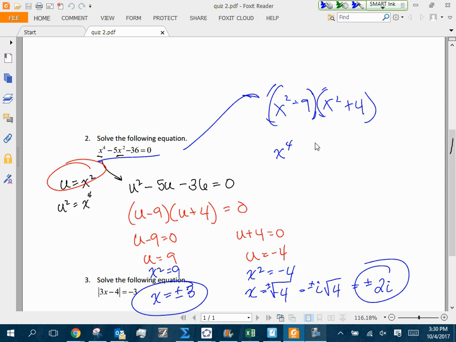Outside times outside gives me plus 4x squared. Inside times inside gives me negative 9x squared. And last times last gives me negative 36. And it does give me x to the 4th minus 5x squared minus 36. But I think it's hard for people to realize that, so make that substitution of u, and it makes the whole process just a little bit easier.